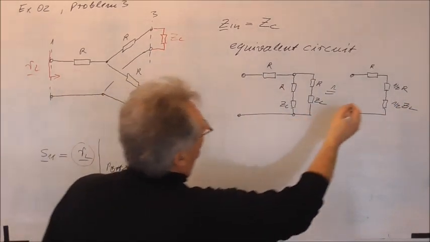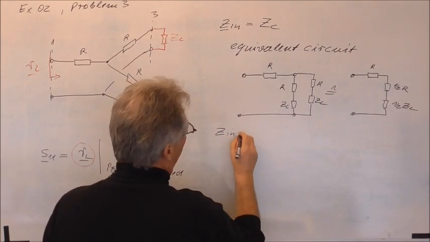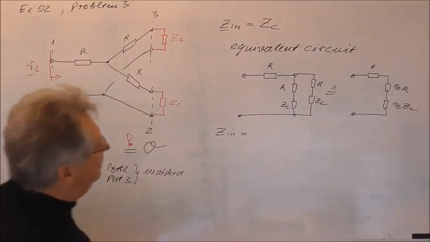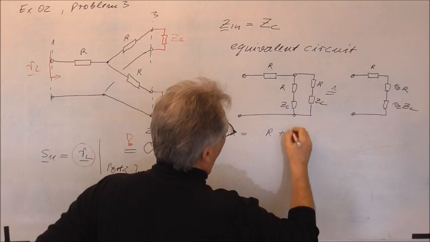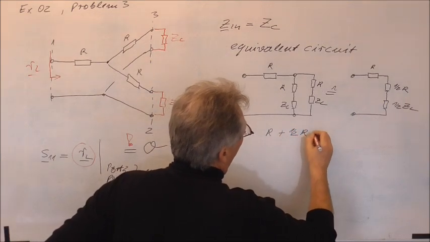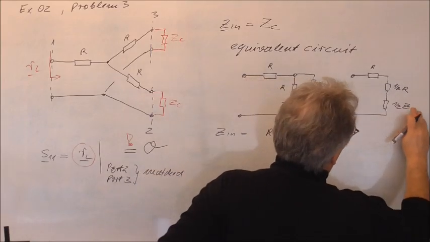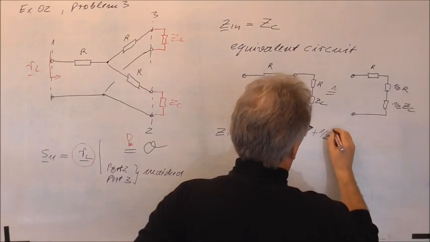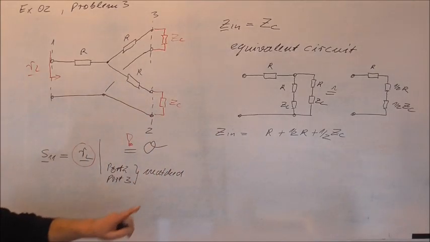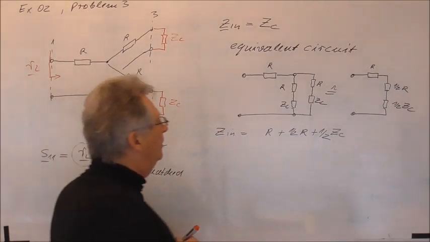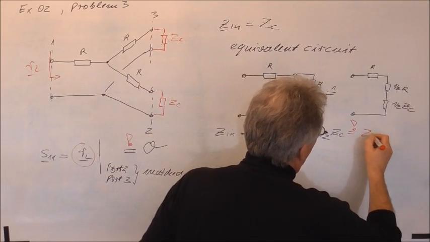And if I calculate now Z in here, then you see it will be R plus 1/2 R plus 1/2 ZC, of course, and to have no internal self-reflections, this must be equal to ZC.